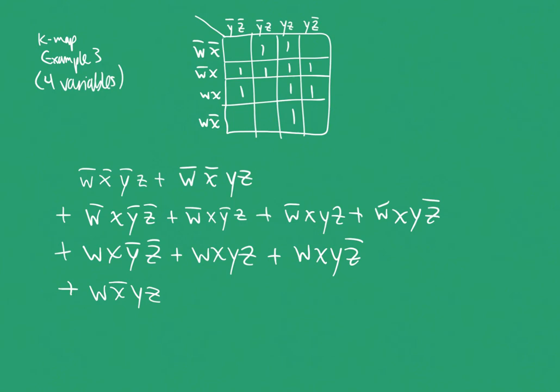All right, so now that we've translated it into the expression that we're trying to simplify, let's go back to our principles of using a K-map, which is we want to cover all these ones with the biggest pieces possible. And as I was saying earlier, you can overlap, but not too much.